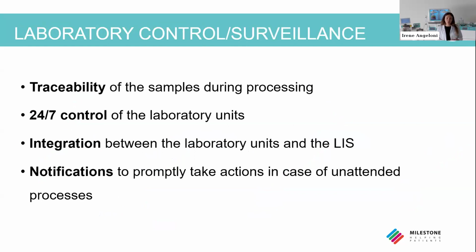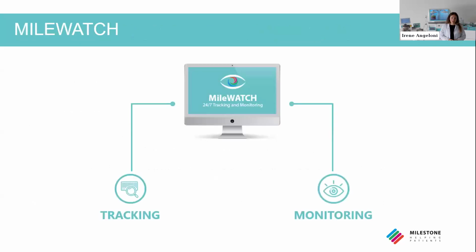Traceability of the sample during processing. Then very important, especially regarding what we are seeing in the context of the laboratory workflow, is the constant control of the units present in the lab, the communication with the LIS system, and the possibility to take action immediately in case of unexpected problems.